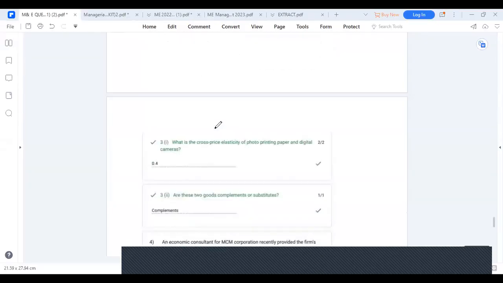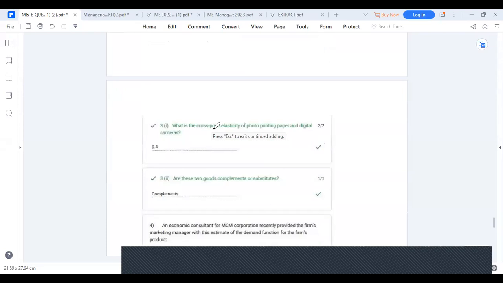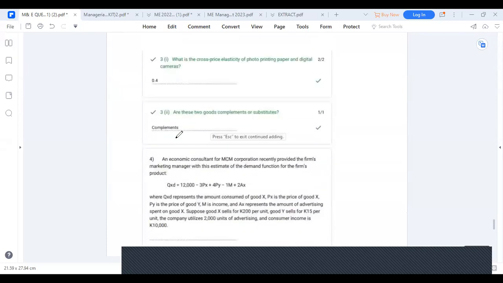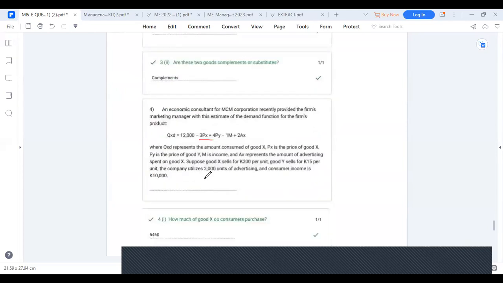All right, so we can now go to this question here. We're given the price of good X, price of good Y, the income, and the advertising. So we substitute. And the price of good X, what do we get? 200, put 200 there.